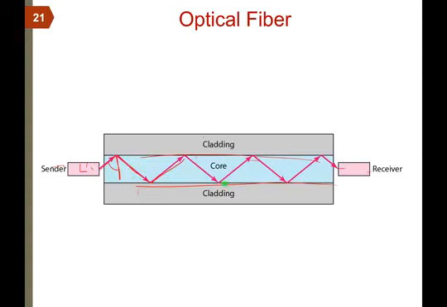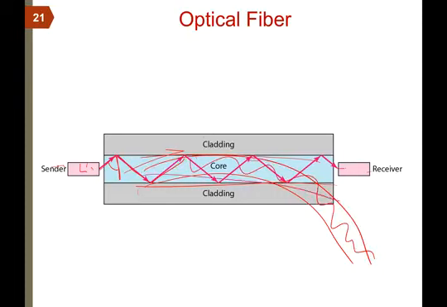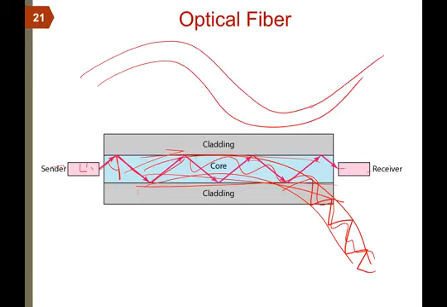Even if you bend the cable, it doesn't mean that the cable should be straight. Even if it's bent, the light is still trapped. The light goes in a straight line, but because of these reflections, it can even go across corners.